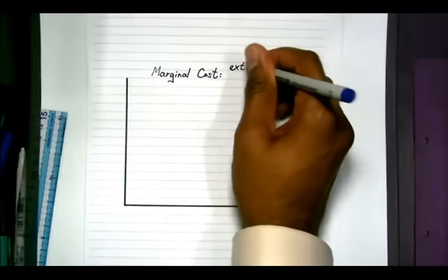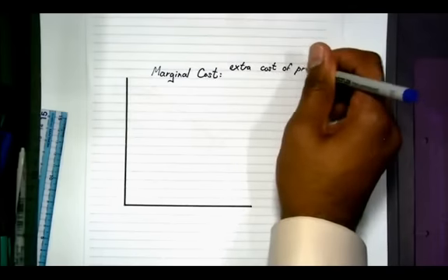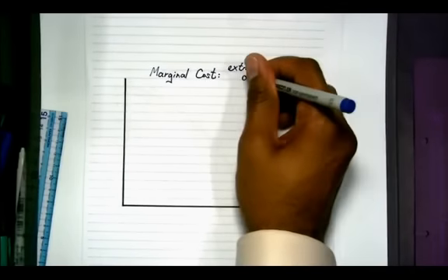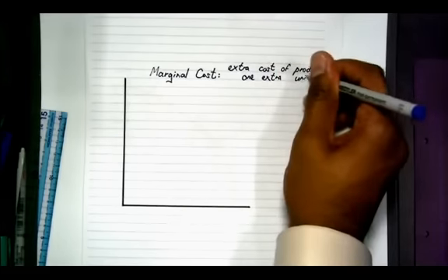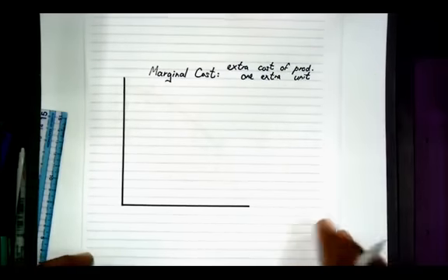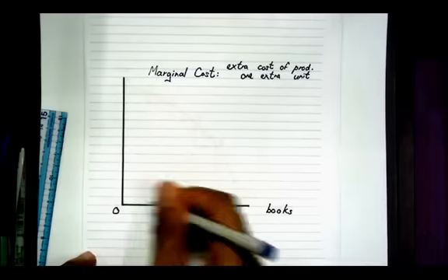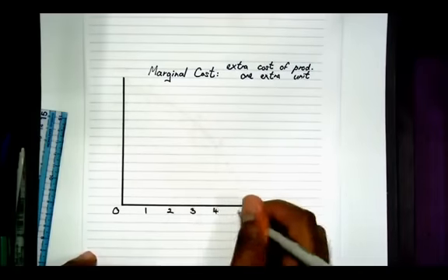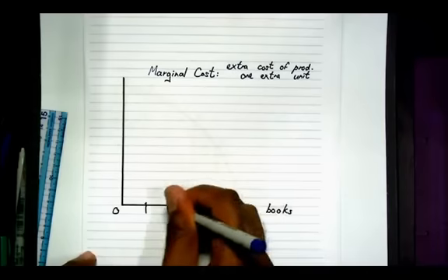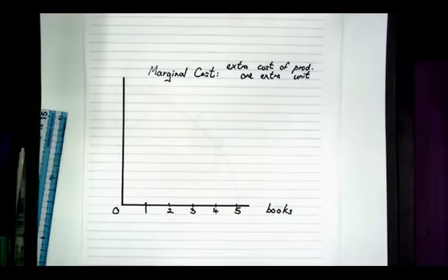It's the extra cost of producing one extra unit. So we've got books on the x-axis. One, two, three, four, 5.